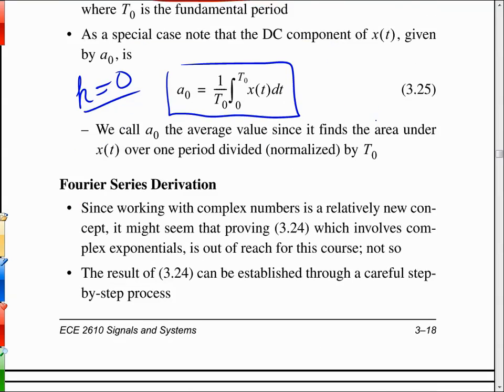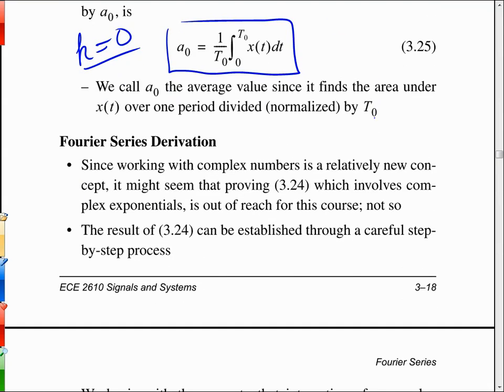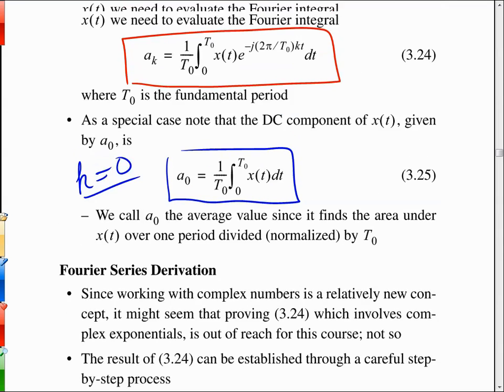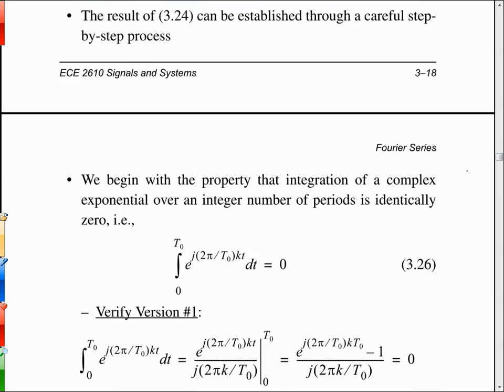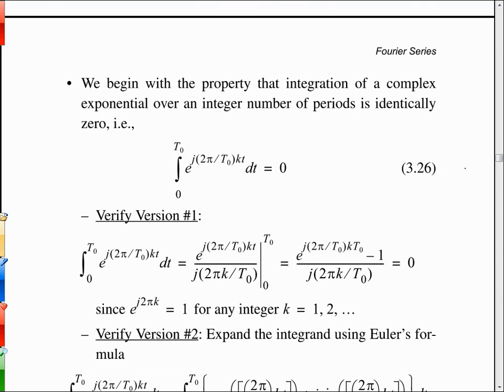So how do we derive this? How do we get that synthesis formula? The analysis formula, the one that's boxed in red. How do we get that to correspond to the Fourier series itself, where there's a couple of steps involved?